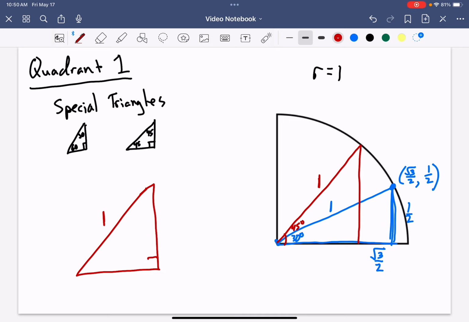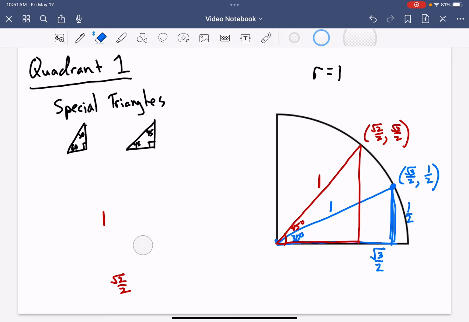Now, if we want to, we could use the Pythagorean theorem or some other kind of formulas to figure out what it's supposed to be, but we'll just kind of cut to the chase. This is going to end up being √2/2 and √2/2. Well, again, we now know the x and y values for this. √2/2, √2/2.